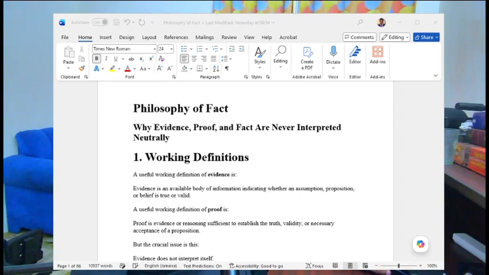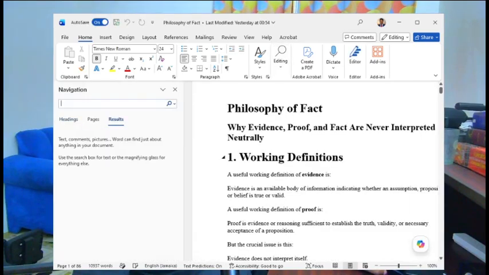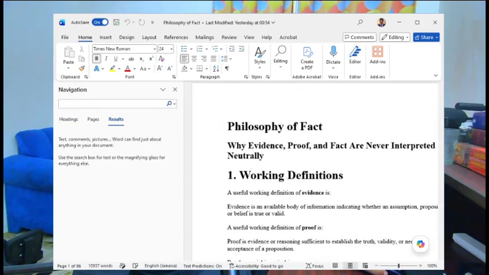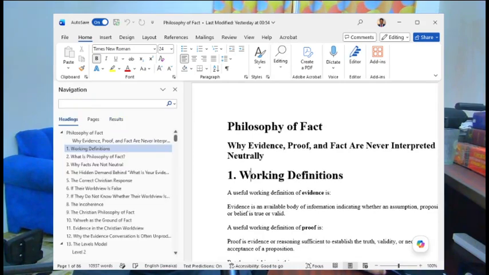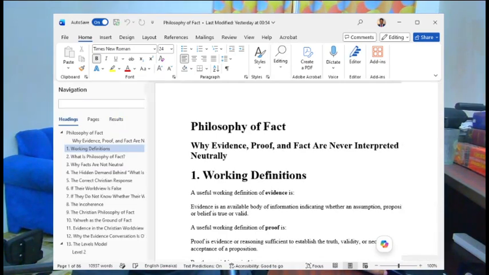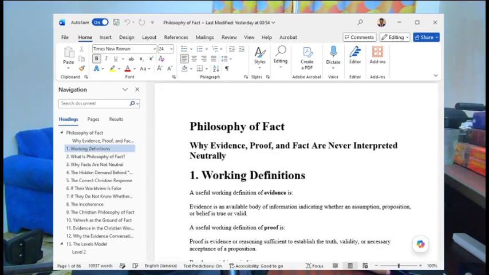Let me see. Where is my document? There it is. I'm assuming that you guys can still see what's on the screen.